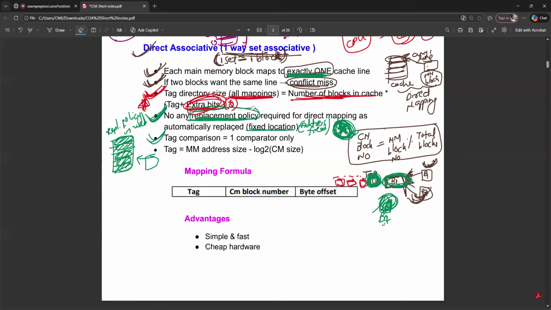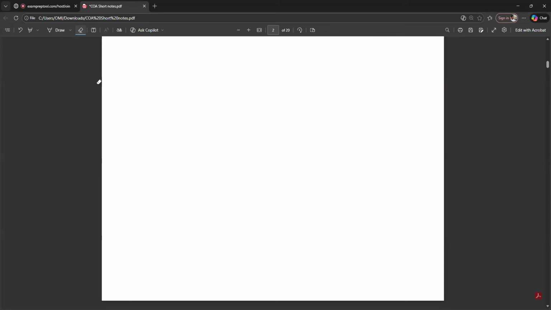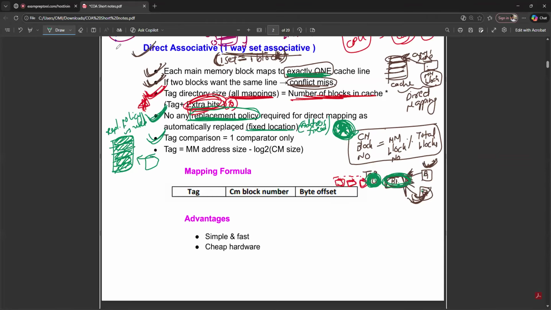If any request occurs, you have to compare just one tag. Tag comparison is done with the help of a comparator. There is a comparator in the hardware and it is used to compare. So, one comparator only.